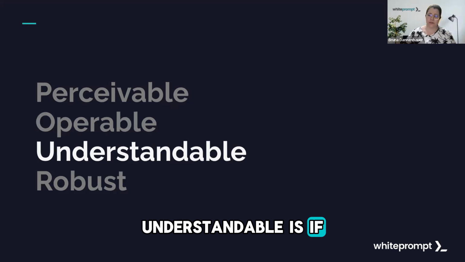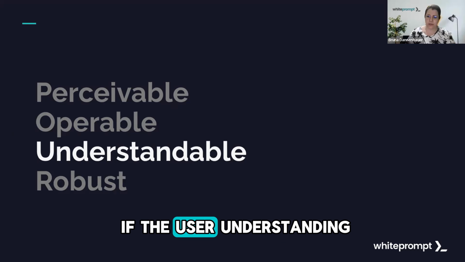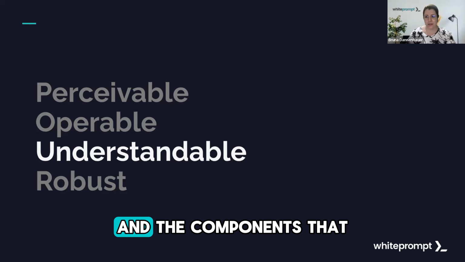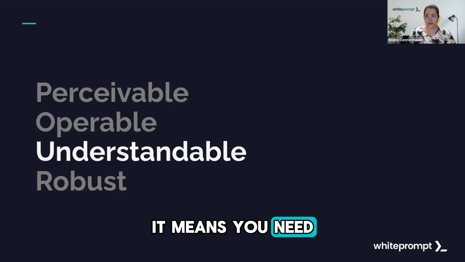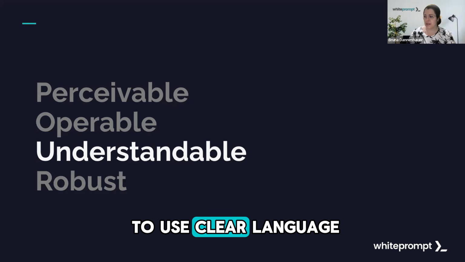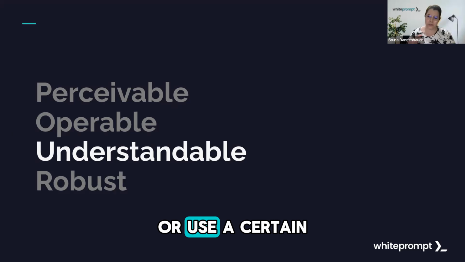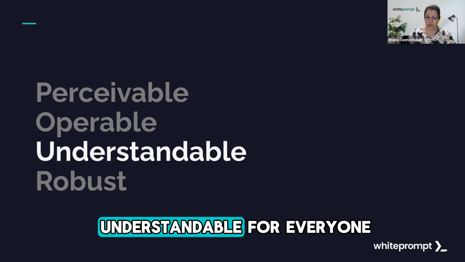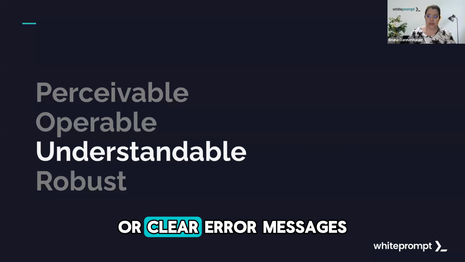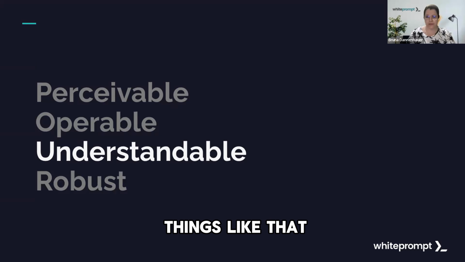Understandable is the principle that the user understands the information and the components in your project. It means you need to use clear language or a certain hierarchy of content, so it's perceivable and understandable for everyone, or clear error messages, things like that.